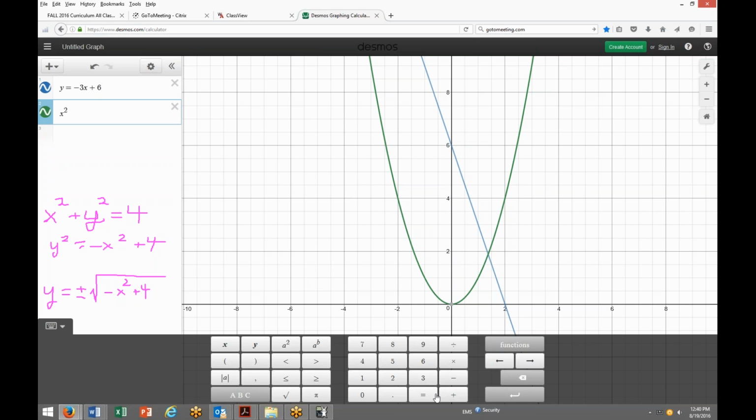That's nice. And plus y, and then I'm going to square it, and then equals 4. And I did it right here on the little keyboard they gave me, but you can also use just the keyboard on the computer either way. So x squared plus y squared equals 4.